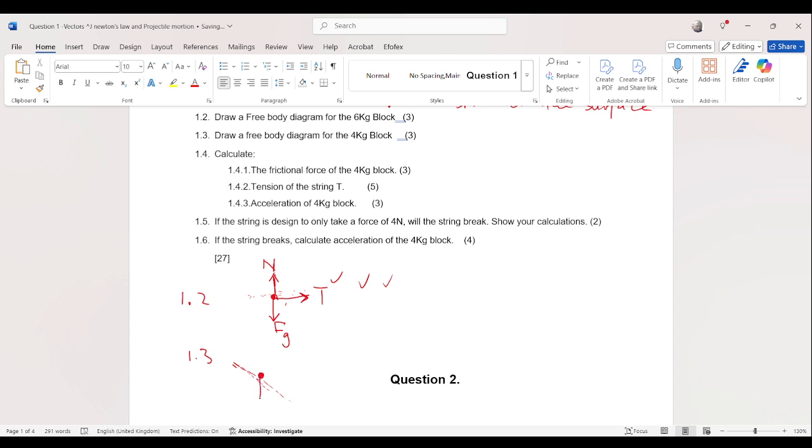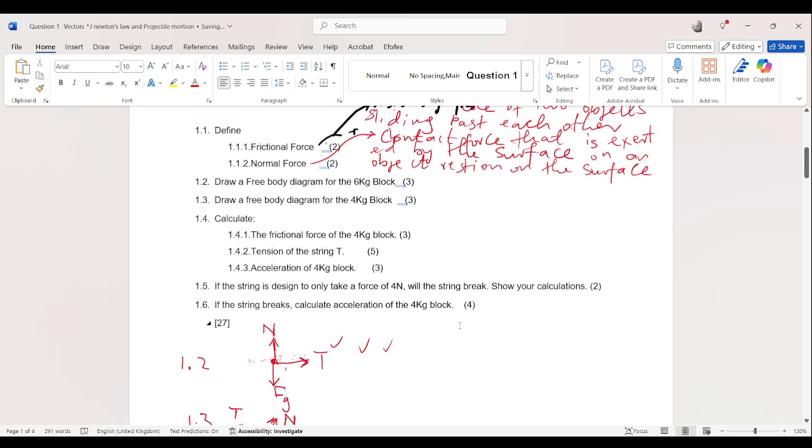First of all, we have gravity, and we also have the normal force. Normal force is always perpendicular to the surface, always. Don't get it wrong. The other force is tension. Whenever there's a rope, there's tension.